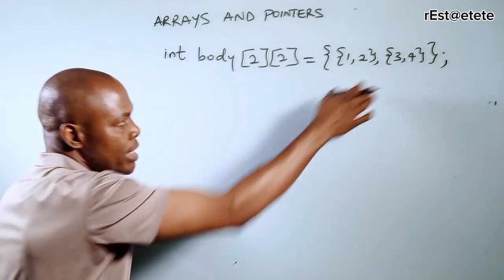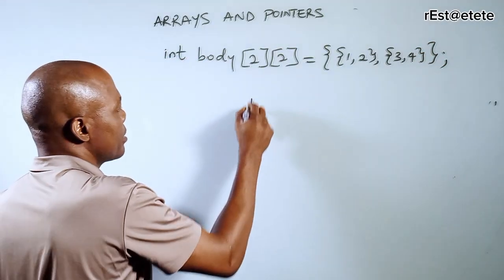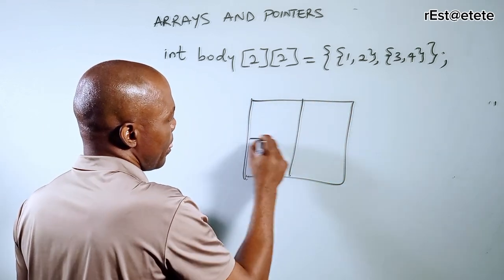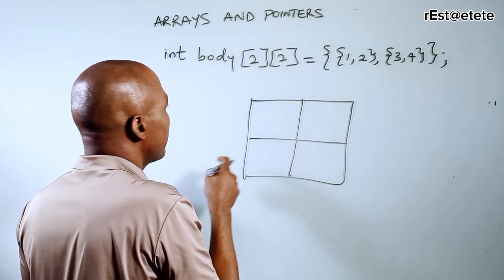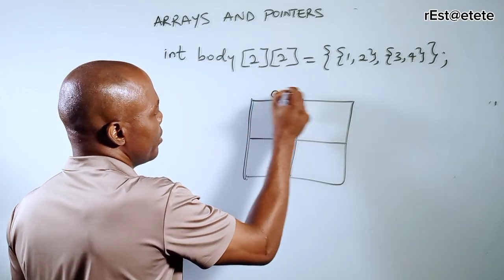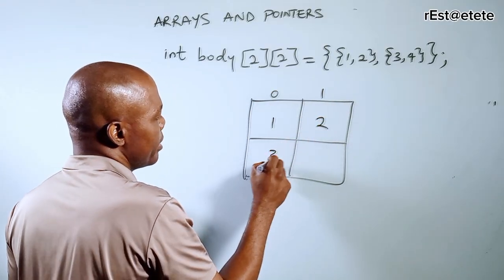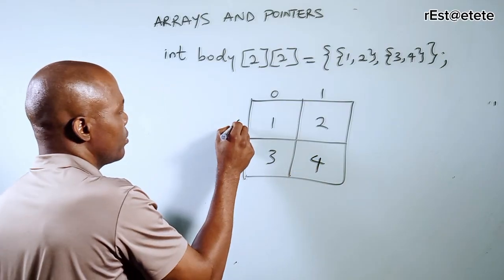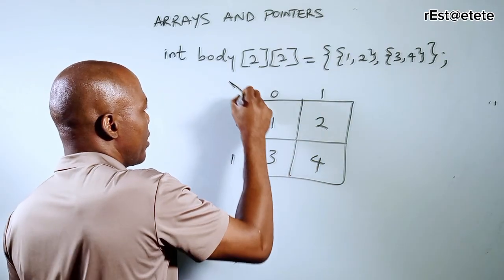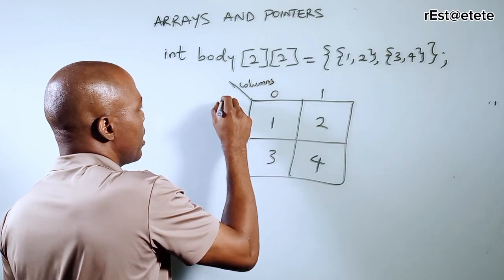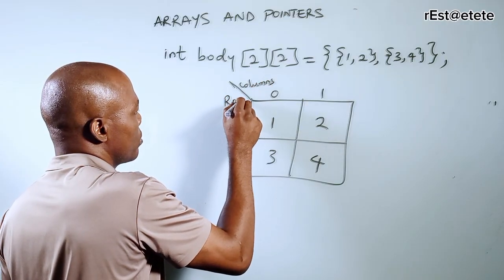All right, this statement is the same thing as this. Right? I'm having 0, 1. So I have 1 inside here, 2 here, 3 here, and then 4 here. So this is 0, this is 1. Now I'll draw this. This is columns. And this is what? Rows. Right?